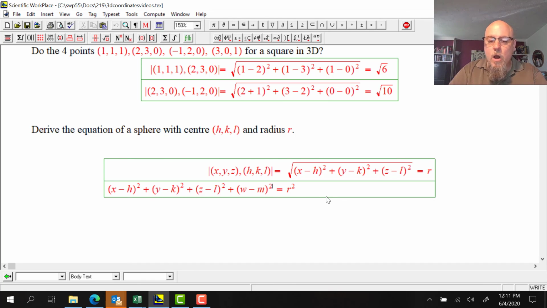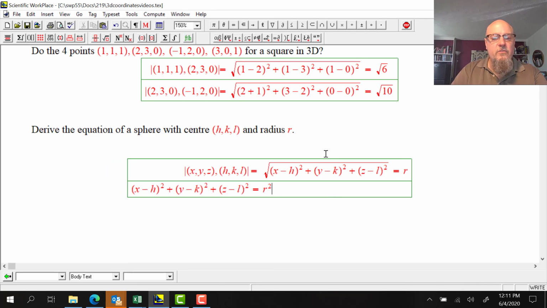I can't draw it, but I know this is the equation for it, and its shadow must be a sphere. The shadow of a 4-dimensional sphere is a 3-dimensional sphere. Let's go back. There's our equation of a sphere with radius r.